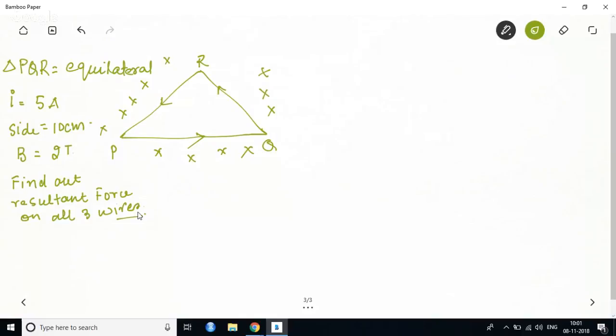Okay, good, Shamik. The result is 1 Newton on PR. What about PQ and QR?